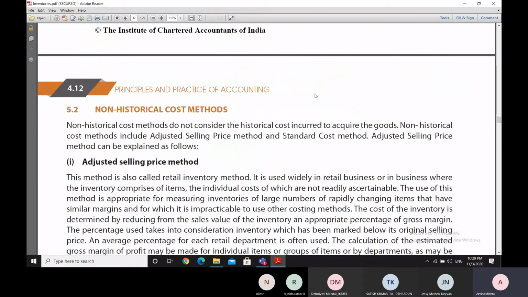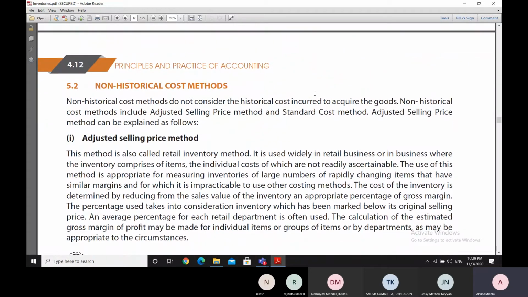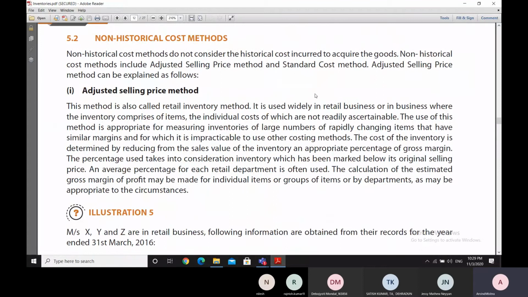Now we come to non-historical cost methods. We have so far done historical cost methods, and among the non-historical cost methods, we'll now do the adjusted selling price method. The non-historical cost methods do not consider historical cost.